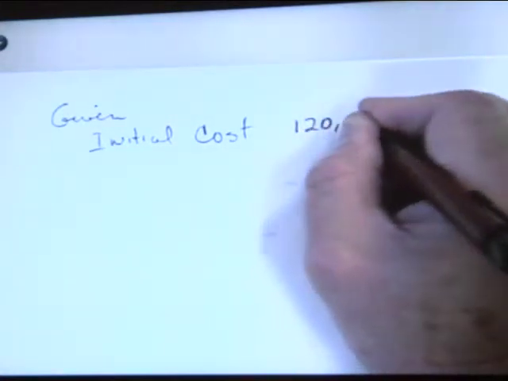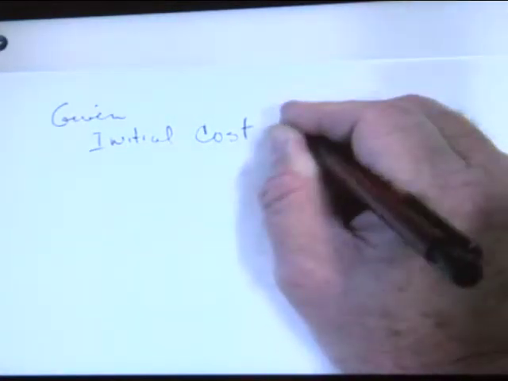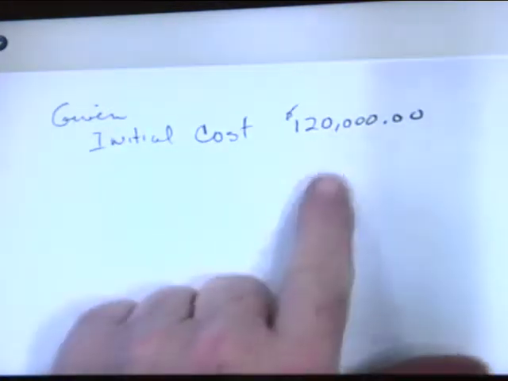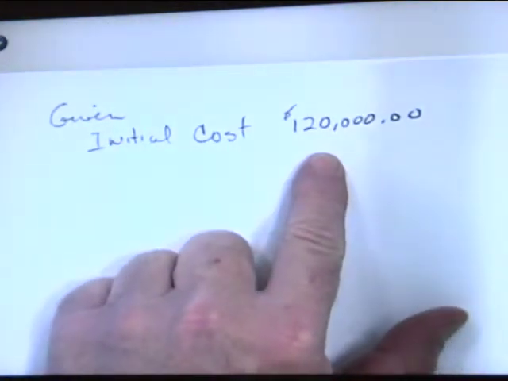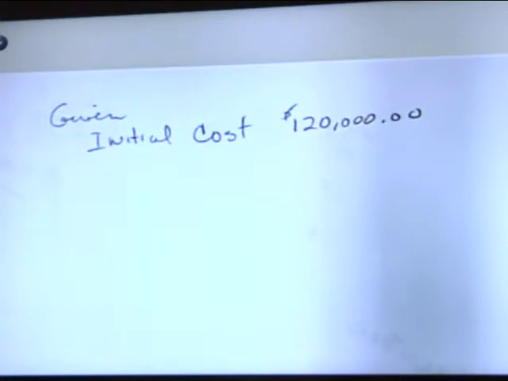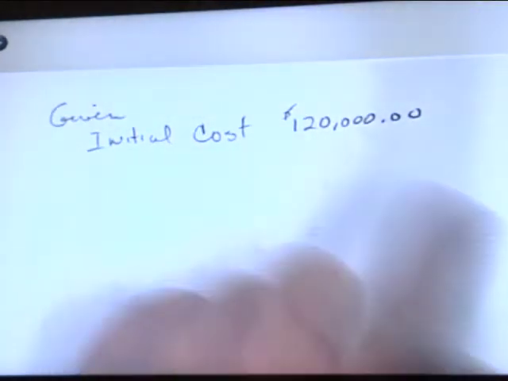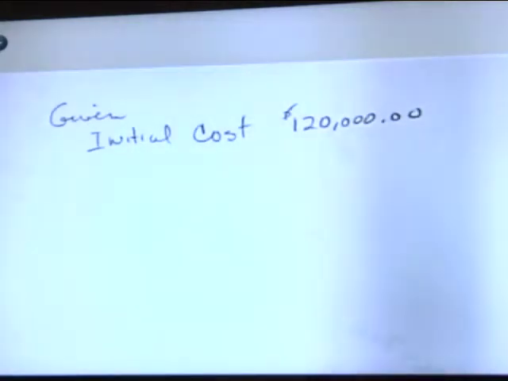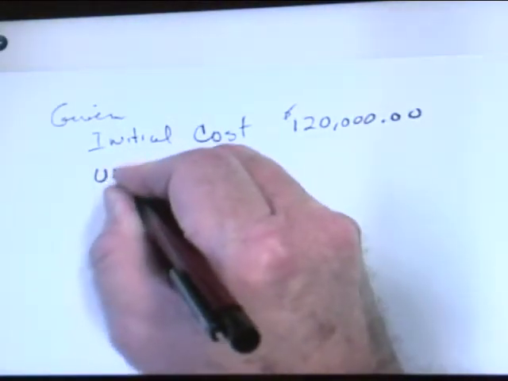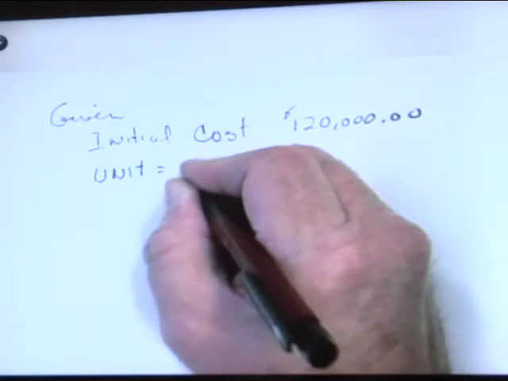That's for the building and the machines. If you produce one machine, it's going to cost that $120,000. If you produce 1 million machines, that $120,000 won't change, right? And then the unit cost, the cost to produce each machine, was $40.